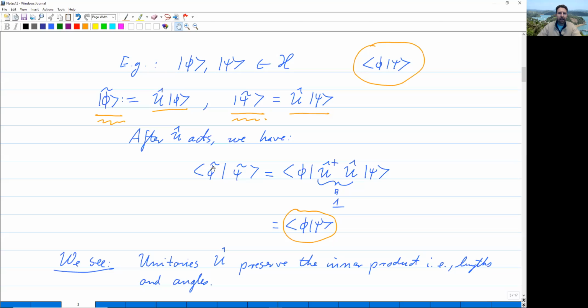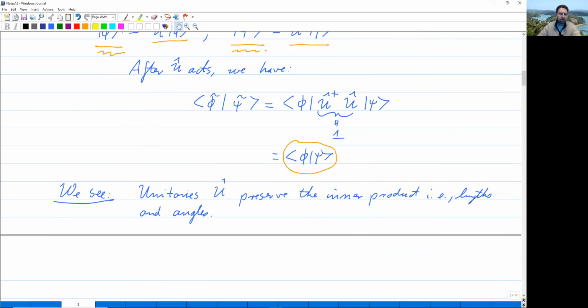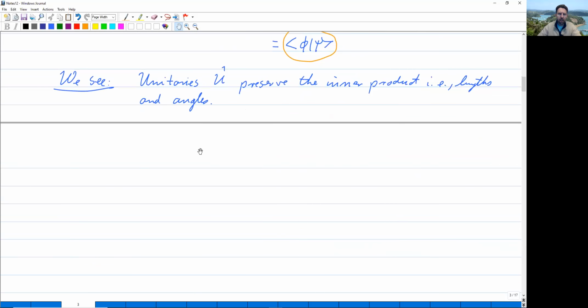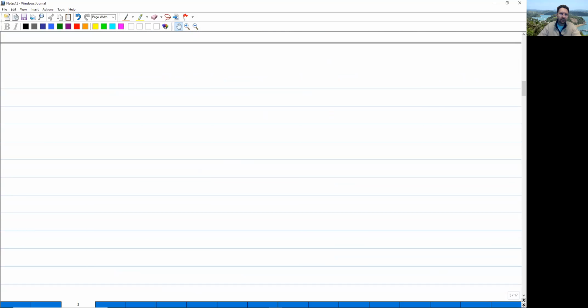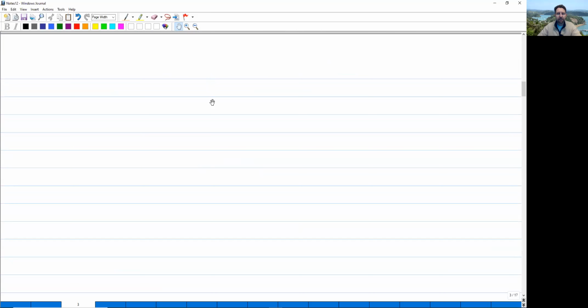So now that we are proficient at changing bases, what basis should we choose? In practice, it turns out that often it is useful to choose what is called the eigenbasis of an observable.